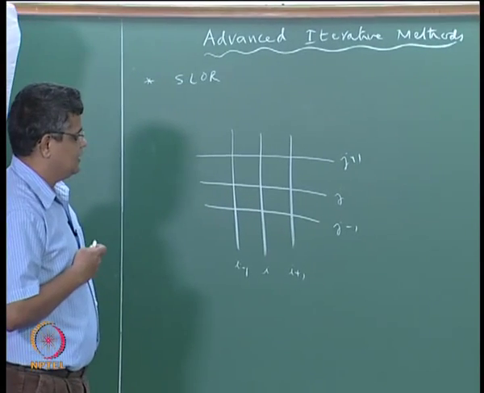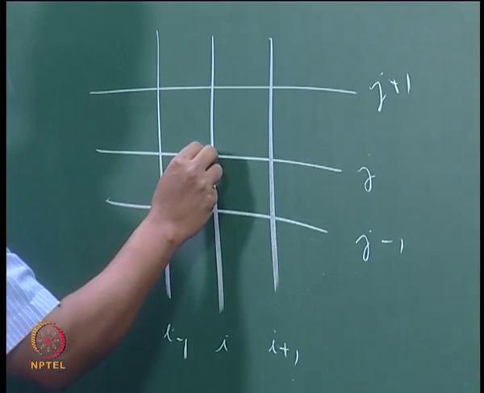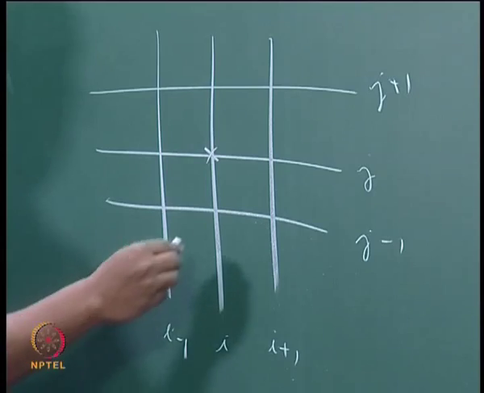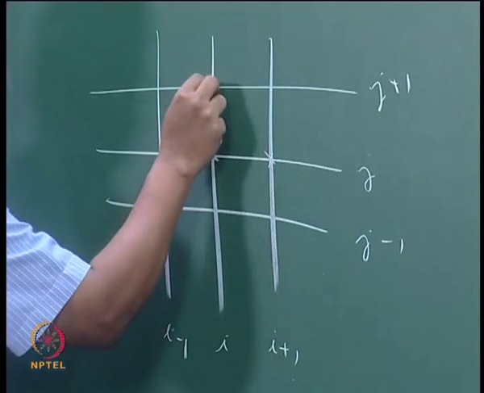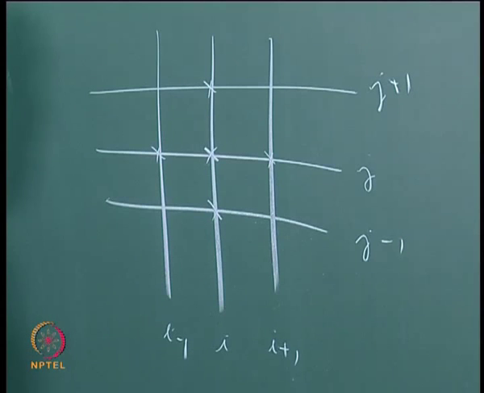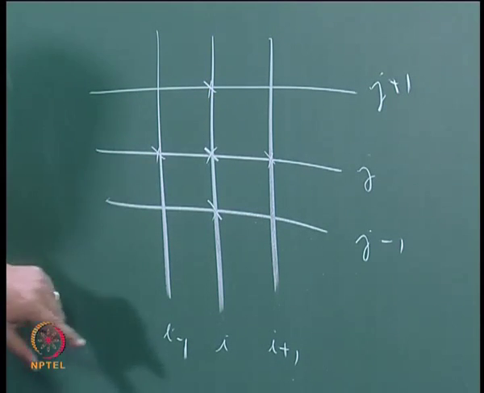For, say, a Laplace equation or a Poisson equation, this value at point ij is associated with the 4 neighboring points, and these are the 5 points that appear in the A phi equal to b equation for that particular point.